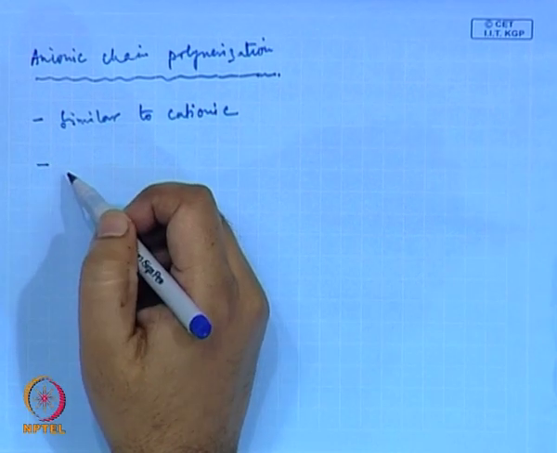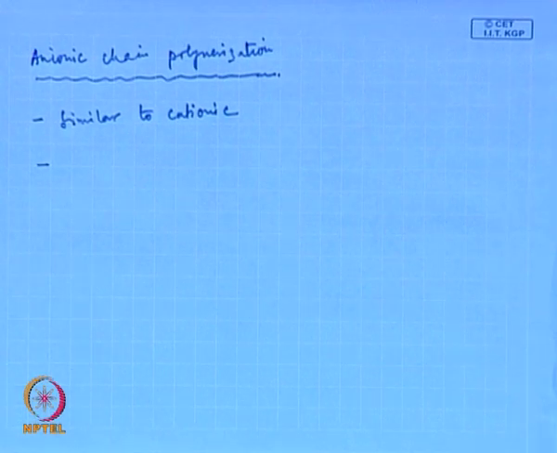One difference is that the difference in the activity of these different ion pairs is much stronger in case of anionic chain reactions, which means that the difference in the reactivity of a free ion and, say, a tight ion pair is much more important in case of anionic chain polymerization than in case of cationic chain polymerization.